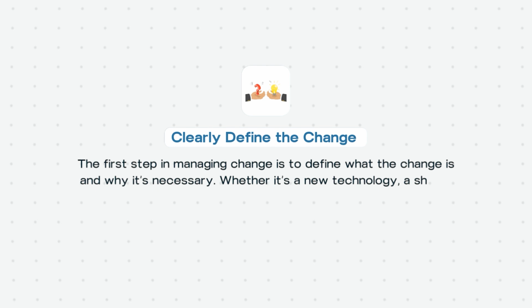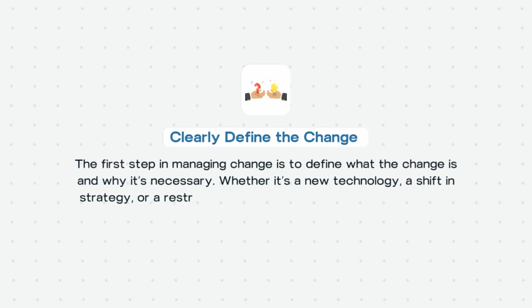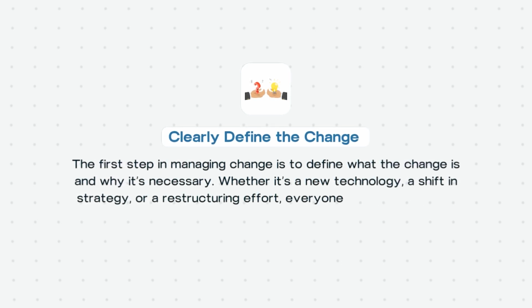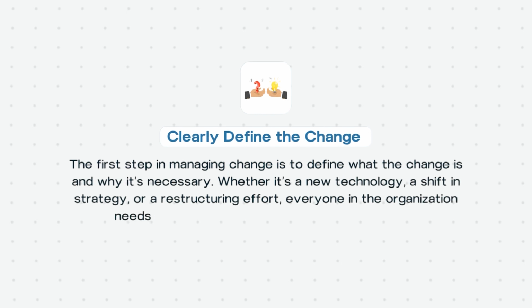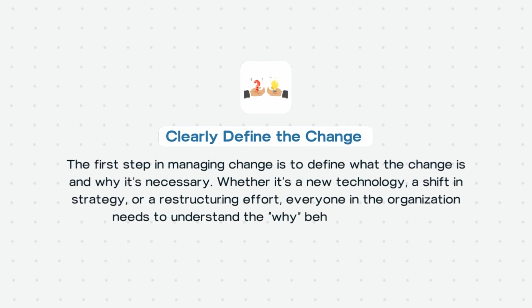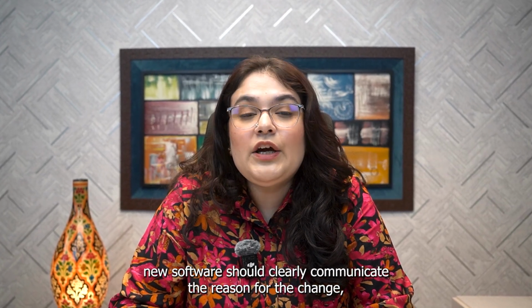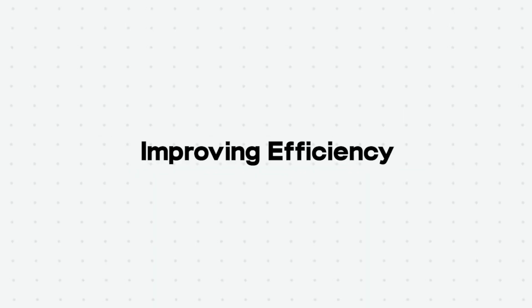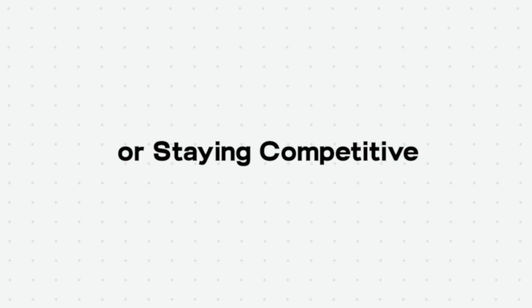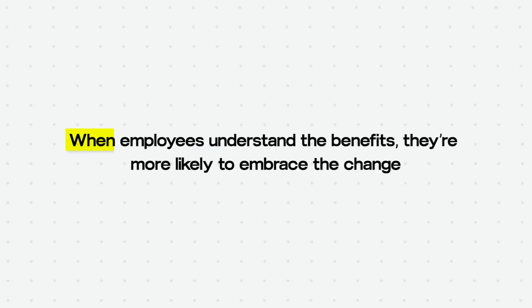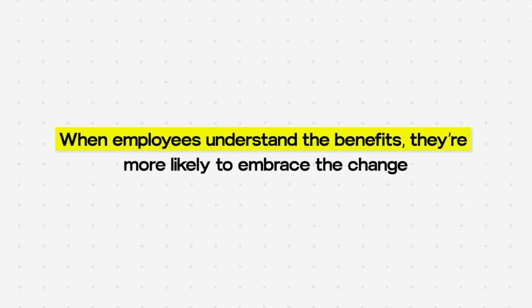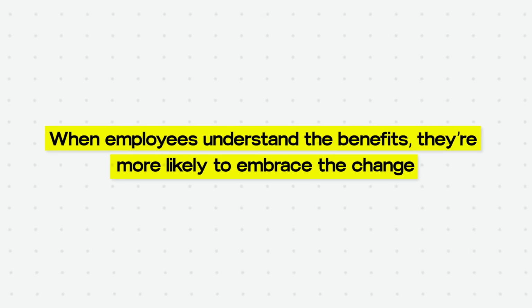Whether it's a new technology, a shift in strategy, or a restructuring effort, everyone in the organization needs to understand the why behind the change. A company implementing new software should clearly communicate the reason for the change, such as improving efficiency, reducing errors, or staying competitive. When employees understand the benefits, they're more likely to embrace the change.